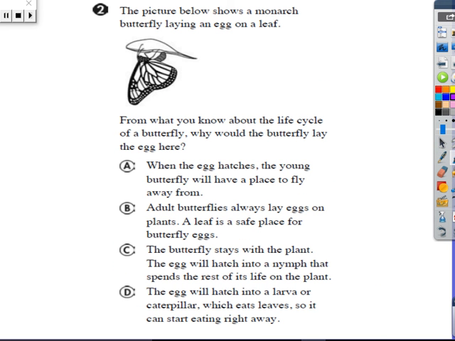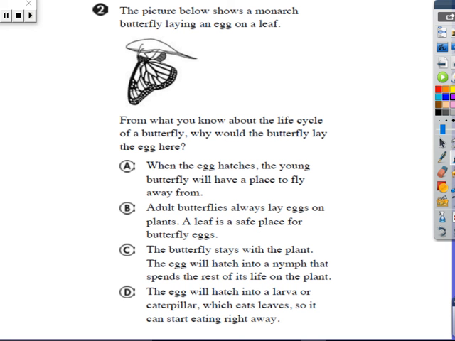The picture below shows a monarch butterfly laying an egg on the leaf. From what you know about the life cycle of a butterfly, why would the butterfly lay the egg here? When the egg hatches, the young butterfly will have a place to fly away from. Adult butterflies always lay eggs on plants.